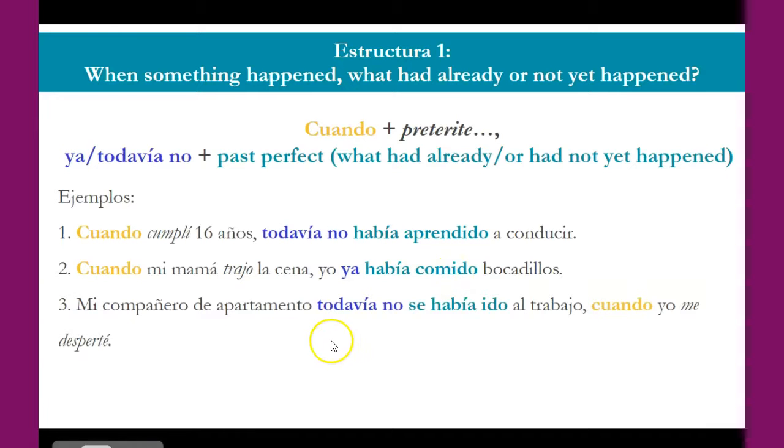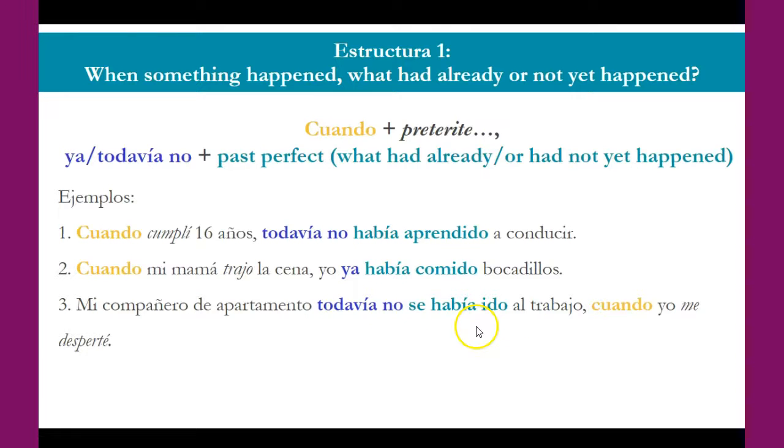Mi compañero de apartamento todavía no se había ido al trabajo cuando yo me desperté. So my roommate had not yet gone to work when I woke up.